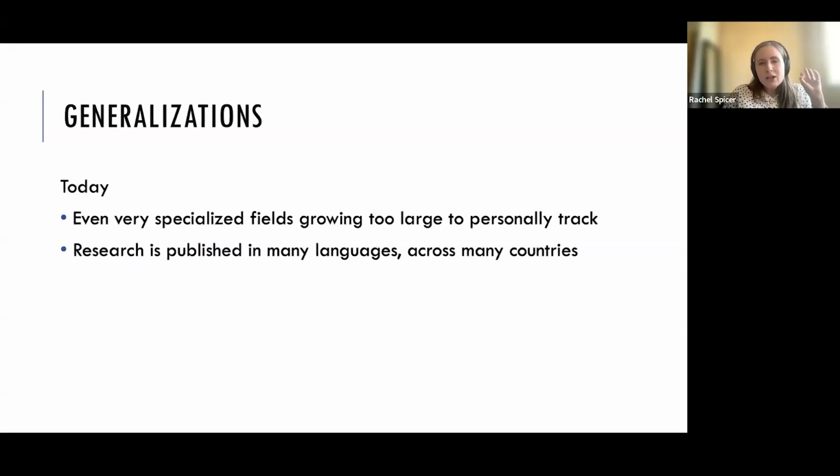But today, even very specialized fields are growing too large for any one person to keep track of, and research is published across languages and across countries. So even if you can keep up with all the research in the languages you speak, it's unlikely that you'll be able to keep up with all the research that's going on across the world.